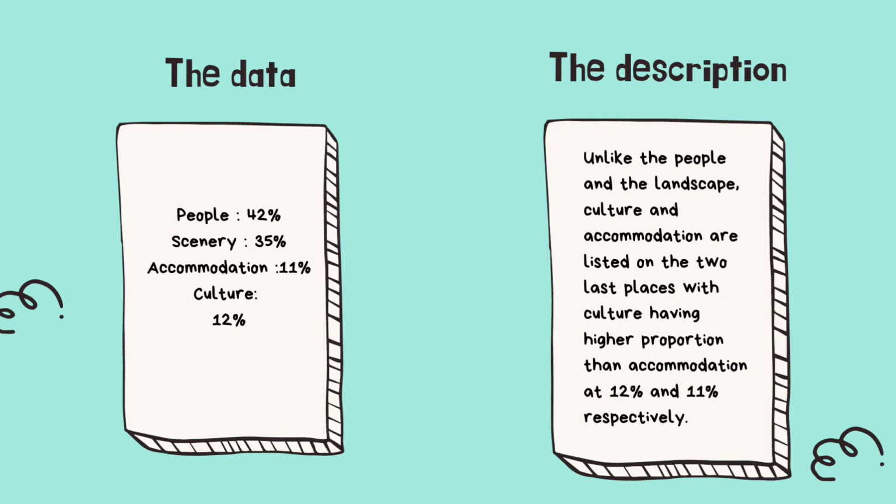So I can write, unlike the people and the landscape, culture and accommodation are listed on the two last places, with culture having higher proportion than accommodation at 12% and 11% respectively. Okay, so that's the use of unlike, because people and scenery are the big group, and then accommodation and culture are on the low group.